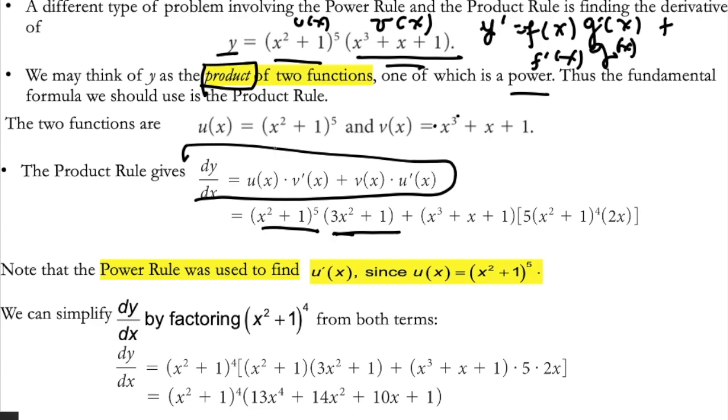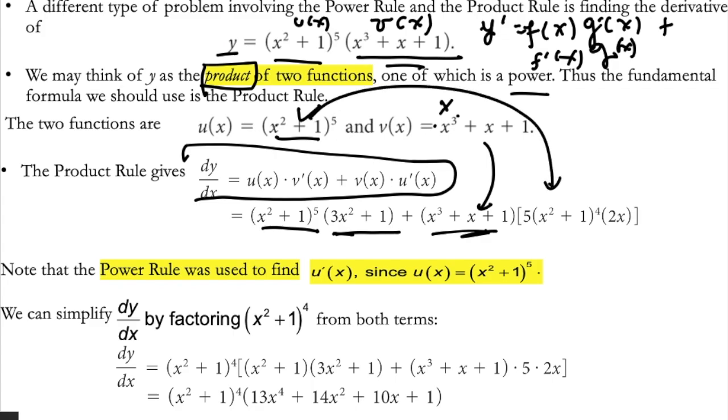The second part, now we differentiate this, we leave this alone. When we differentiate the first one here, (x squared plus 1) to the power of 5, we can use the power rule in the chain rule. You see this one? This one is actually v(x) that is not differentiated. This one is a plus sign product. So here, if you want to differentiate, it becomes like this.